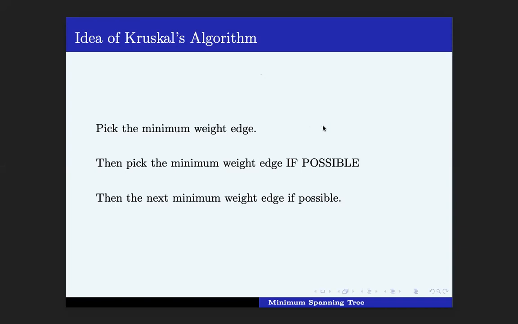You pick any edge first, then you pick another edge, then another, but that edge might produce a cycle, right? So it is possible that these minimum edges produce a cycle, and we should check for that.